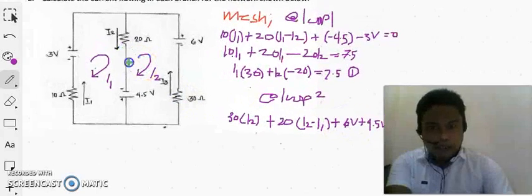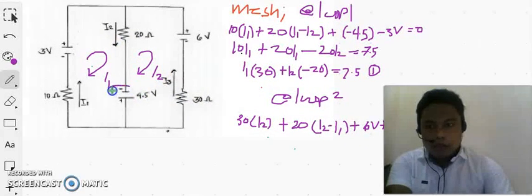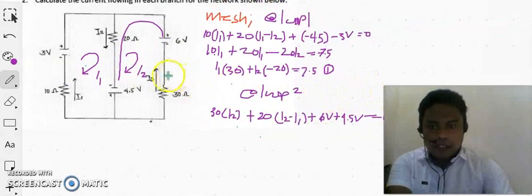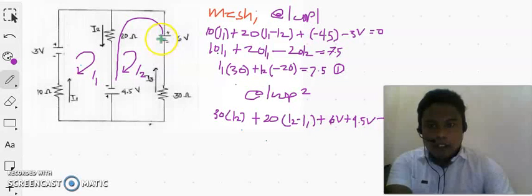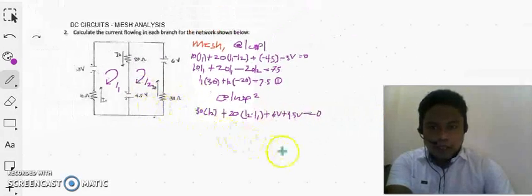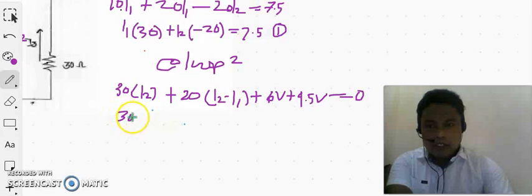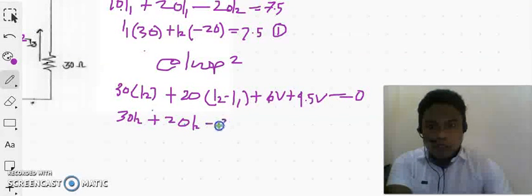I repeat, you start on this loop at negative, enter positive, so that is why it is positive 6. Leaving negative, entering positive 4.5 volts, that is why it is positive 4.5. Simplifying the equation, we have 30 I2 plus 20 I2 minus 20 I1.